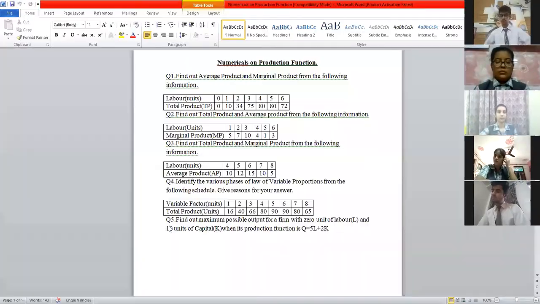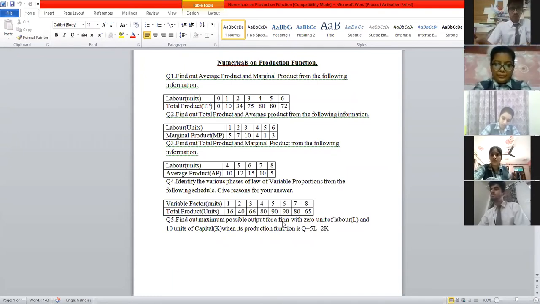Kindly copy this down quickly. Find out the maximum possible output for a firm with 0 unit of labor and 10 units of capital when its production function is Q equals 5L plus 2K.